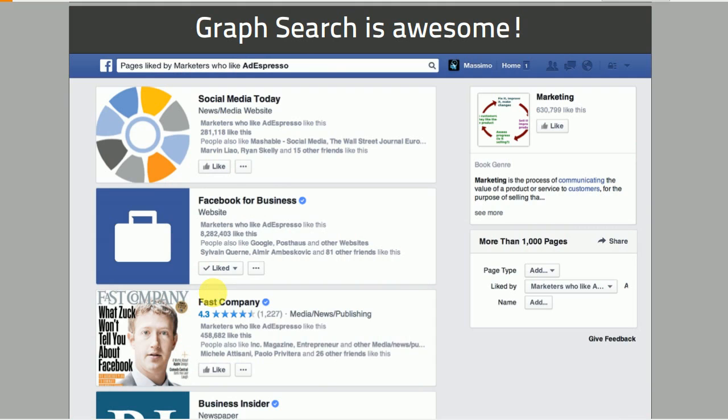So how do you target? Another way is to do your research. There are two ways to do research. We use the audience insights here. You're using graph search. By graph search, I mean when you go to the search place on Facebook where you search for people's names and everything, and just search for something related to this.